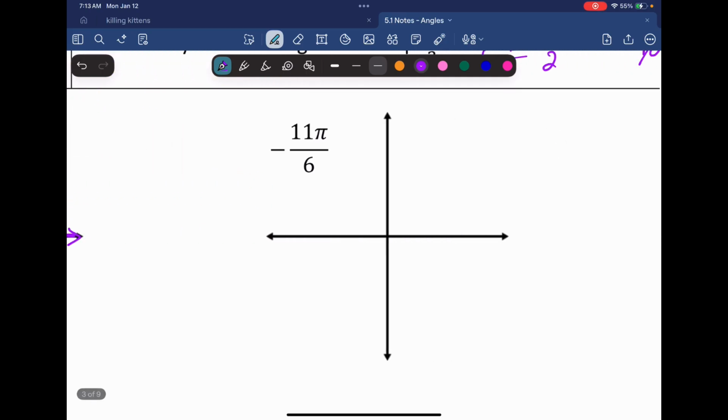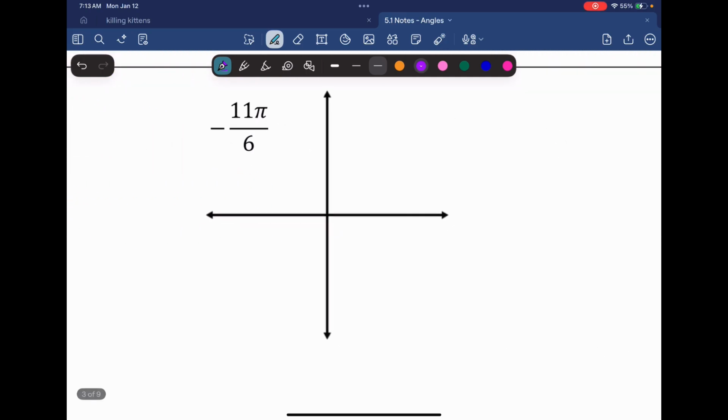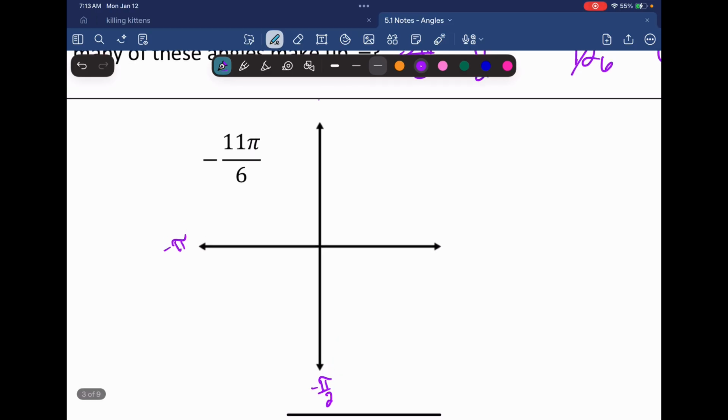All right, 11 pi over 6. Again, we're talking about negative directions here. All right, so that means down here we're negative pi over 2. All right, remember it takes 3 of these 6's to make a pi over 2. It takes 6 of the 6's to make negative pi. It takes 9 for negative 3 pi over 2, and it takes 12 for negative 2 pi.